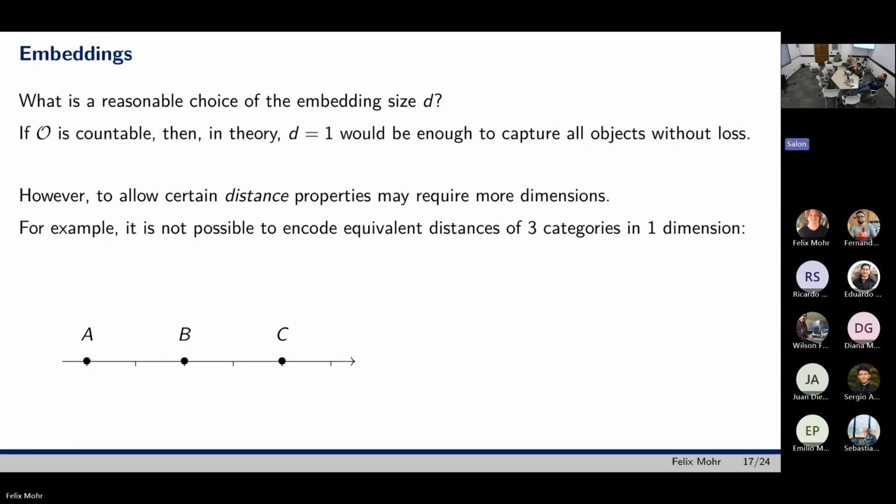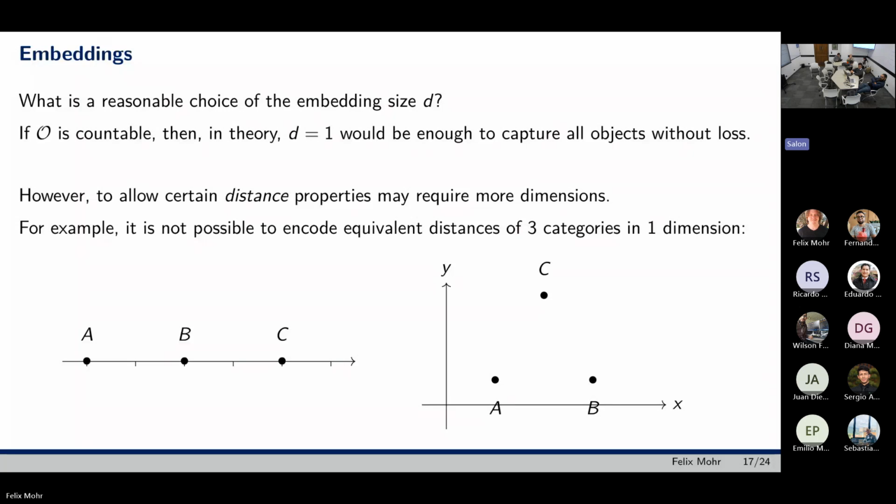If I have now an embedding size of 2, I can do this. So that tells me what you said. If I want to encode nuances, if I want to encode more information, and information is distances in a vector space, then I need a certain dimensionality to be able to capture it.